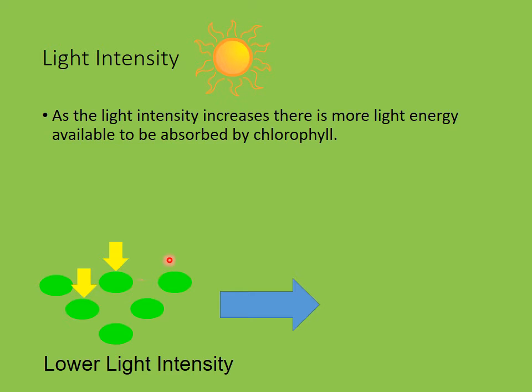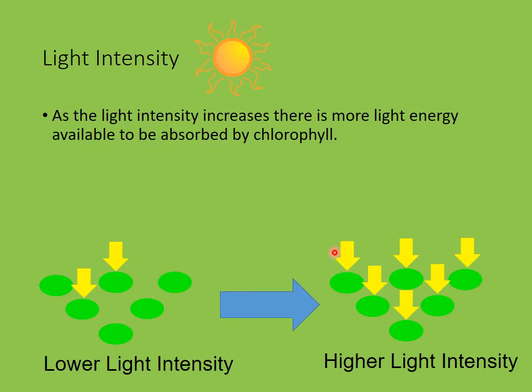Of course, if we've only got a low light intensity, we've only got a few yellow arrows. So we're only going to be absorbing a small amount of energy, so we're only going to get a slow rate of photosynthesis. Whereas at a much higher light intensity, we have more yellow arrows. If we've got more yellow arrows, we can absorb more light, and so we're going to get a faster rate of reaction.